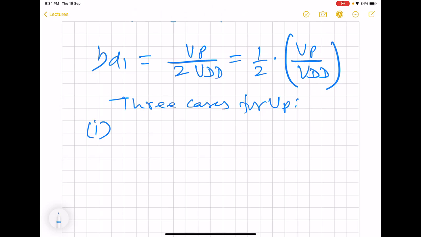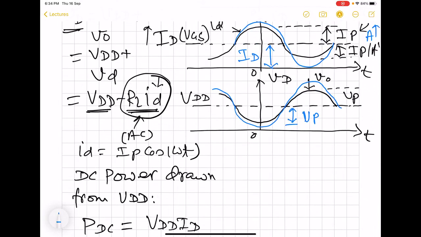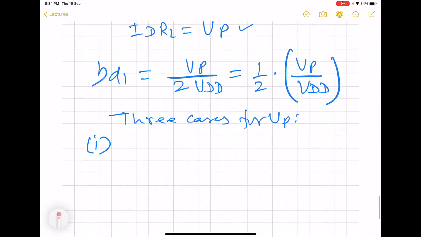So under this scenario, there are 3 possibilities for this VP waveform. One is that this VP is also equal to the full range possible, that means equal to VDD. That is the first possibility. Second possibility is it is less than VDD. Third possibility is it is greater than VDD. So we'll consider all these 3 cases.